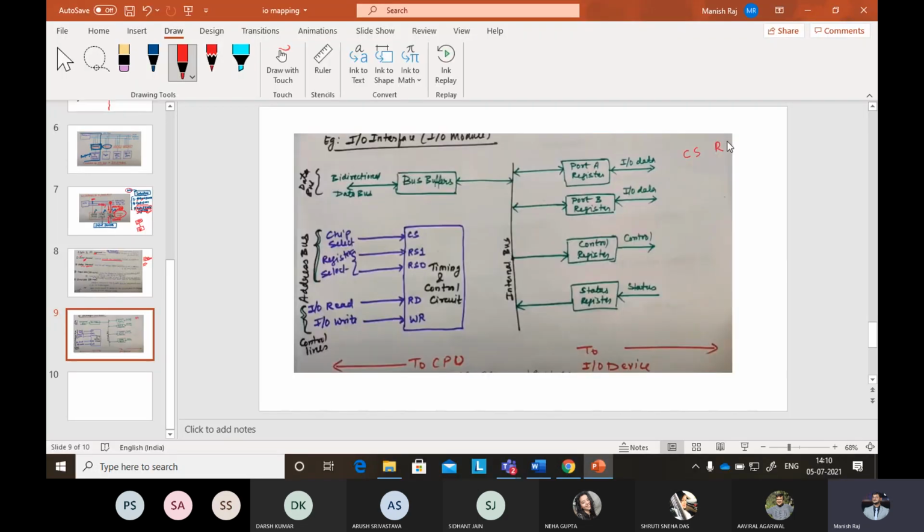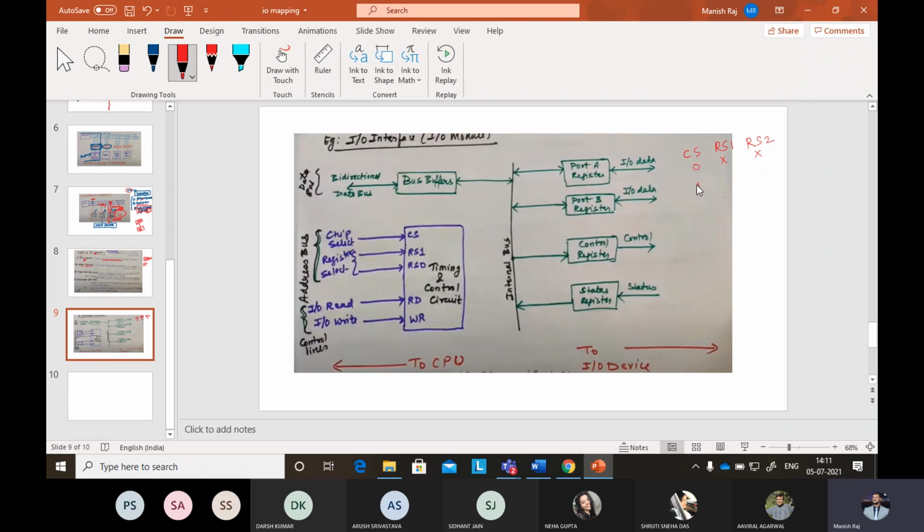You have three inputs: CS, RS1 and RS0. If CS is 0, then no matter what the values of RS1 and RS0 are, this chip will not be enabled and there will be no working in this system.